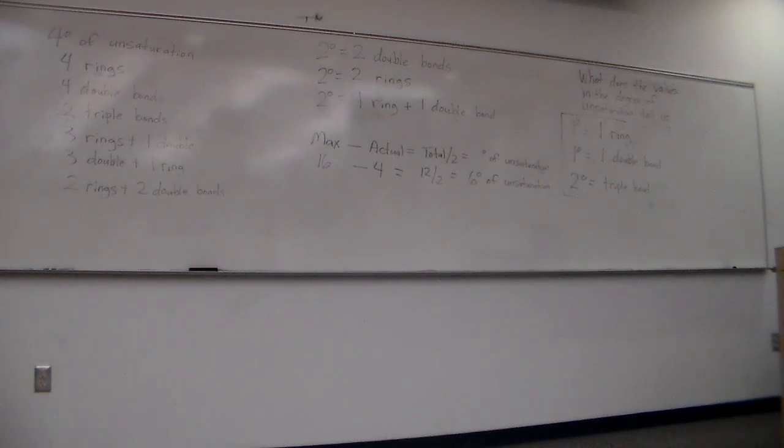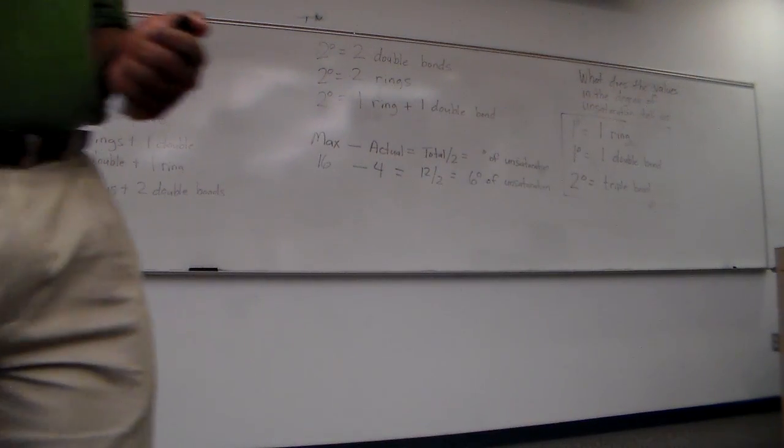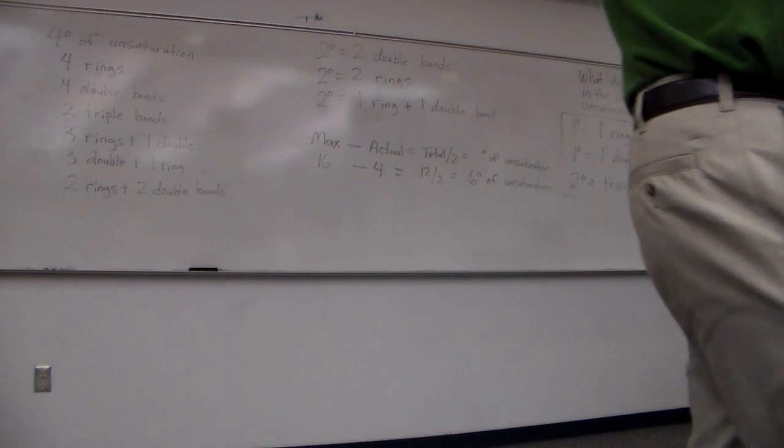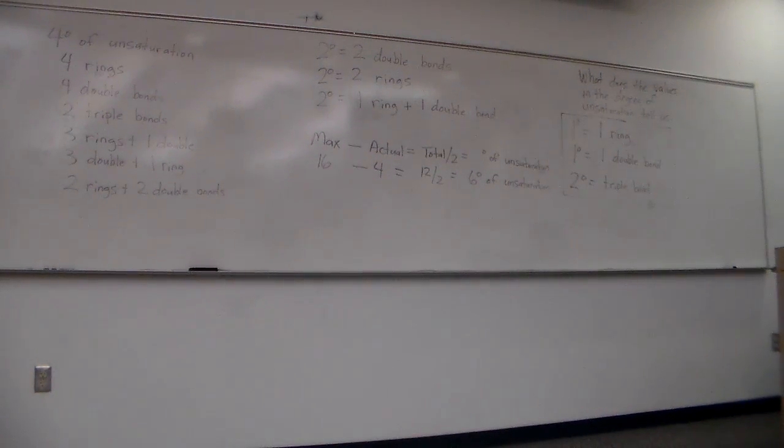Triple is 2, ring is 1, another double bond is another 1, giving you a total of 4. But notice all we're doing is adding the small numbers together, different combinations of just 3 numbers: 1, 1, and 2. The triple bond is the only one with a value of 2.